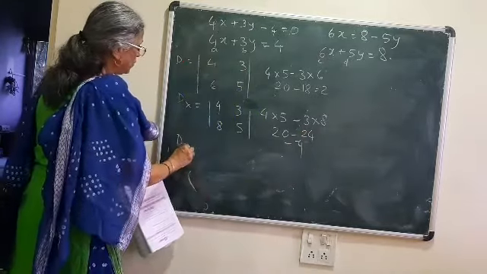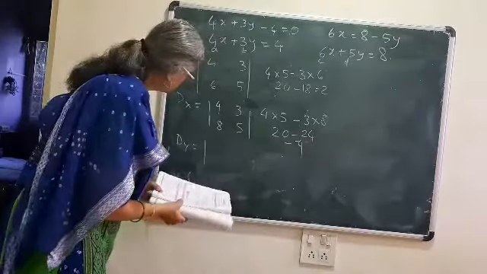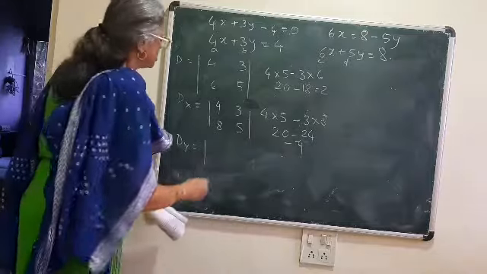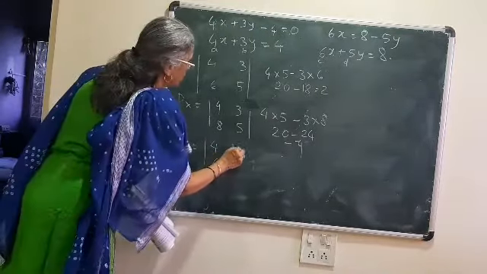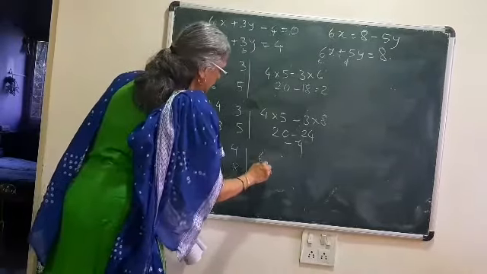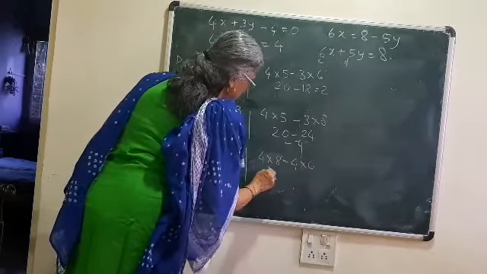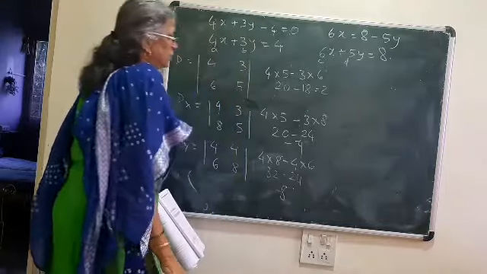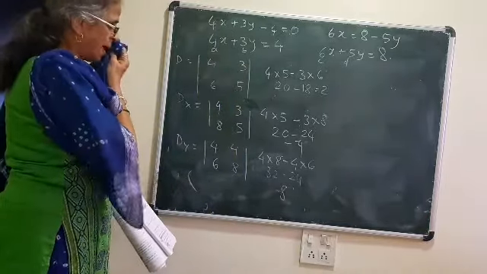And Dy, what are we going to do? For Dy, we write the coefficients of x first, which are 4 and 6. And then we write the constant terms 4 and 8. So 4 into 8 minus 4 into 6. 32 minus 24. So it is 8. So that is how we find D, Dx and Dy.